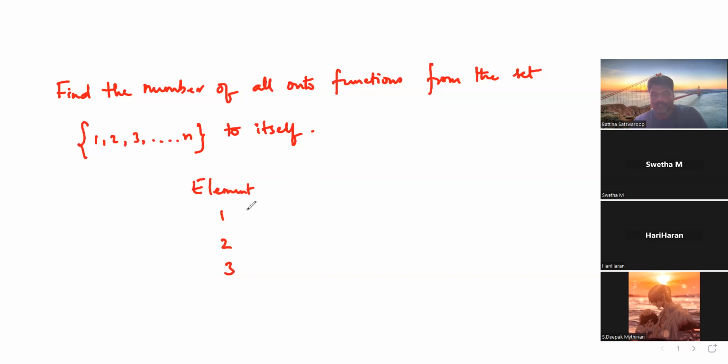So what are the number of possible pairings? The first element can be paired in 3 ways, second element in 2 ways, third element in 1 way. So total number of 1 to 1 functions, what will it be? 3 into 2 into 1. That is nothing but 6.